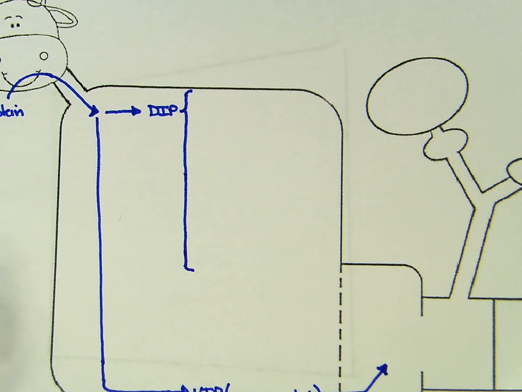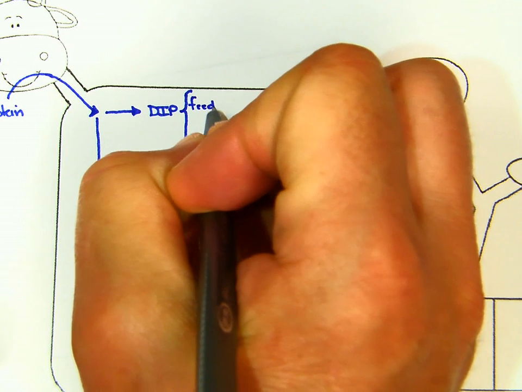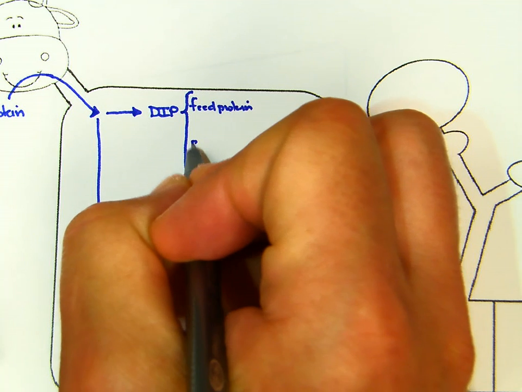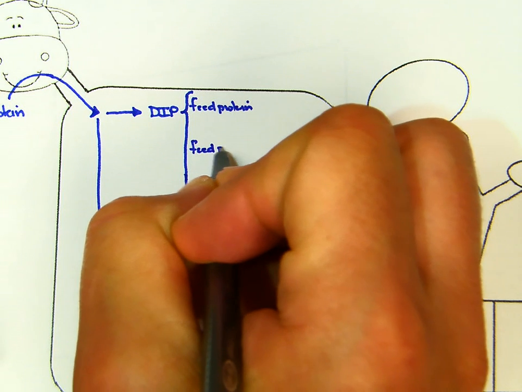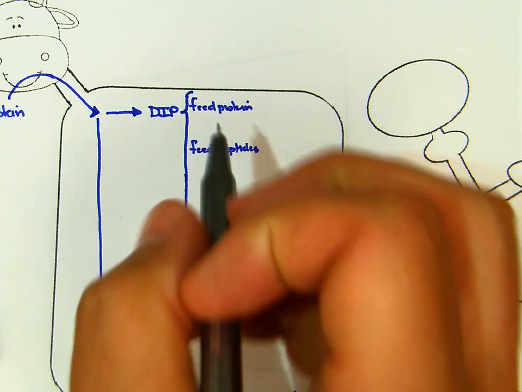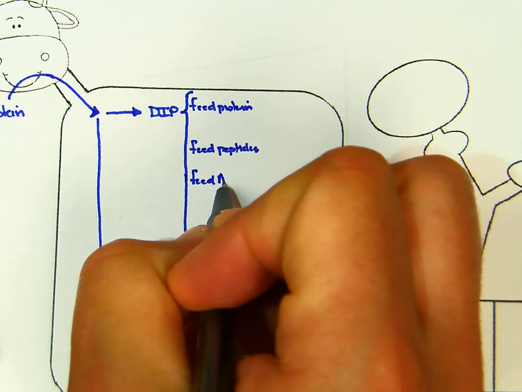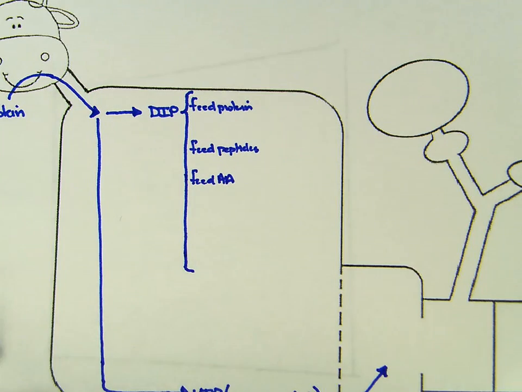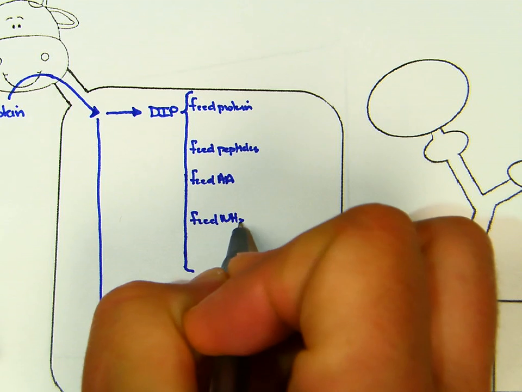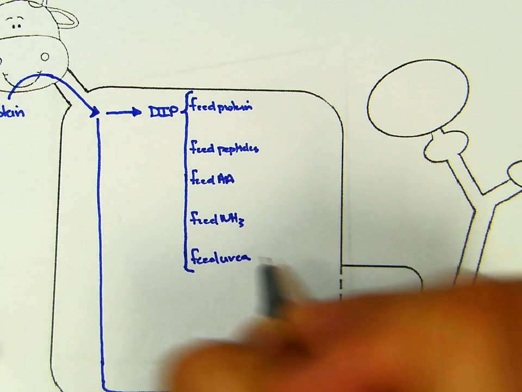And degradable intake protein can be fed as feed protein, feed peptides, feed amino acids, feed ammonia, and feed urea.